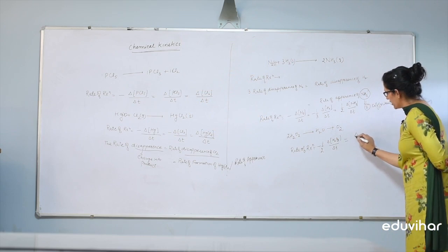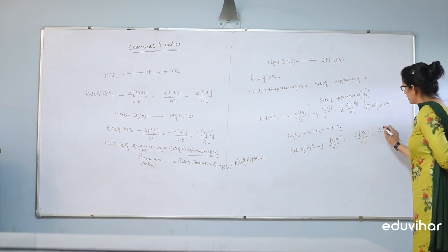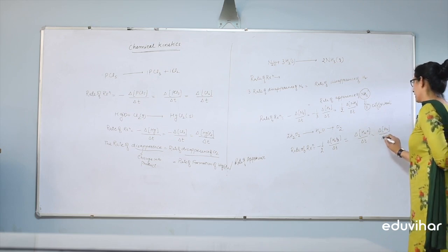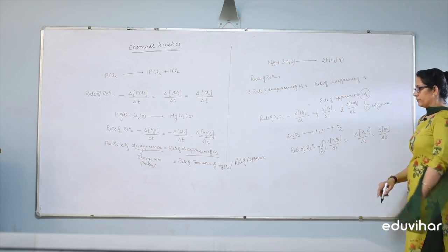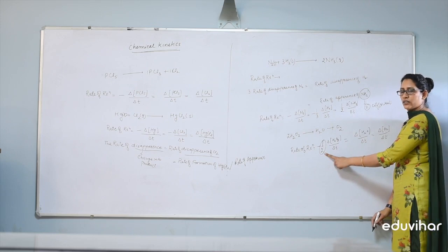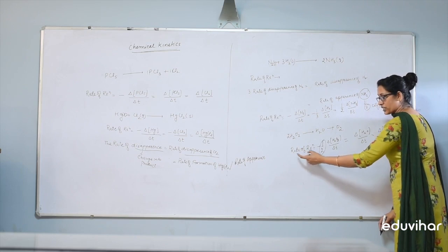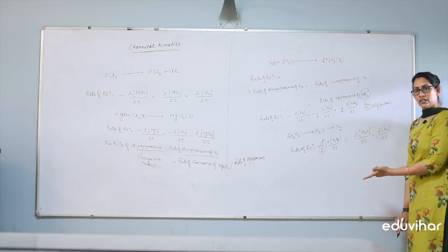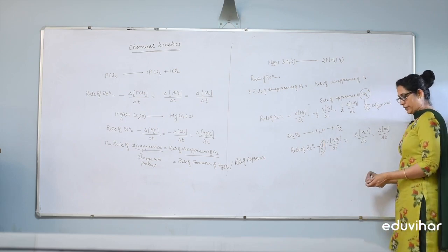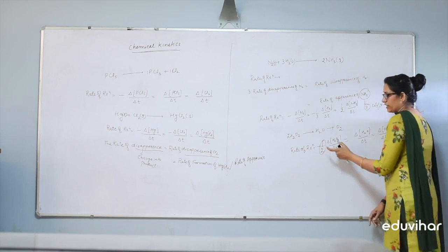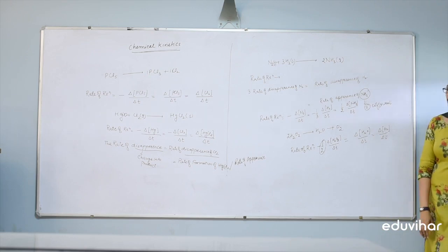That is equal to change in concentration of water with respect to time, that is equal to change in concentration of oxygen with respect to time. I think you get the point why I divide by the stoichiometric coefficient: to find the rate of reaction in terms of product or in terms of reactant, I just divide by the stoichiometric coefficient, because the rate of reaction, whenever we measure it in terms of reactant or in terms of product, always remains constant.